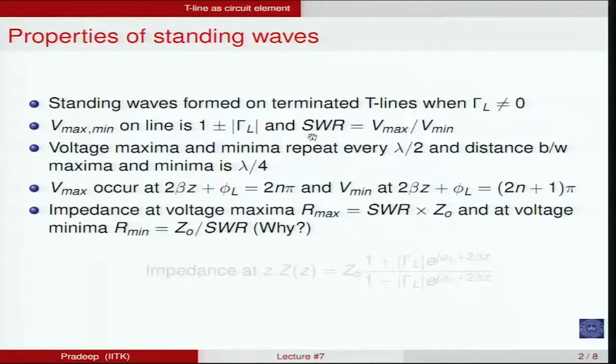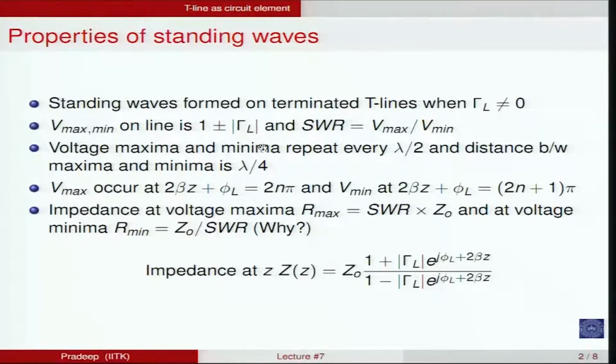That is, given SWR, you can find the magnitude of gamma L, or given the magnitude of gamma L, one can find SWR. At this point, one of the things I want to specify is the range of this SWR. The range of standing wave ratio is between 1 and infinity. You can see that very clearly. When gamma L is equal to 0, standing wave ratio is equal to 1.